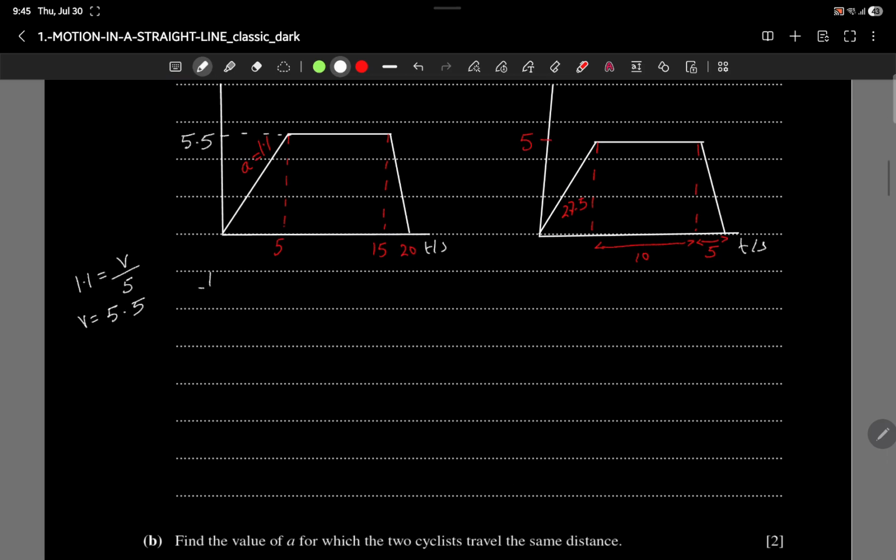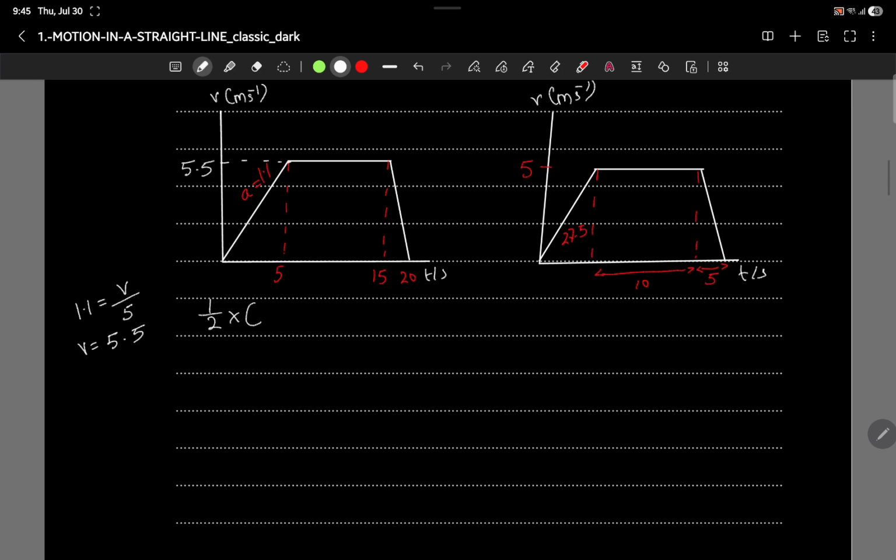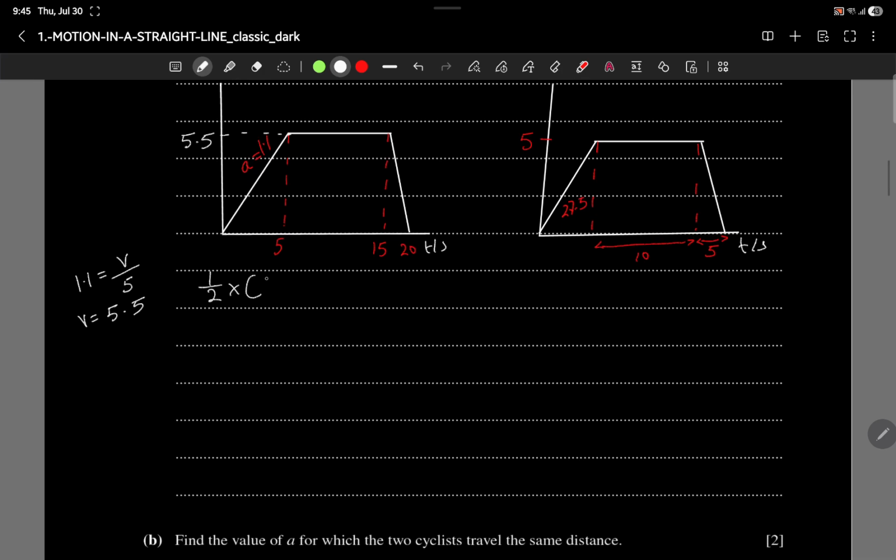So now we can just plug in the values. Half into 10 plus 20 into 5.5. So what do we get here? We get 82.5 meters.